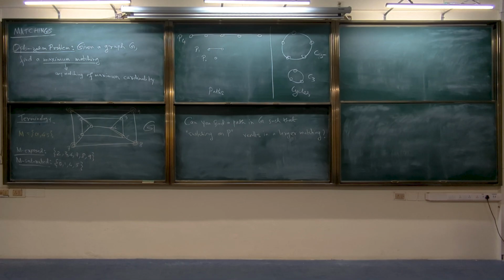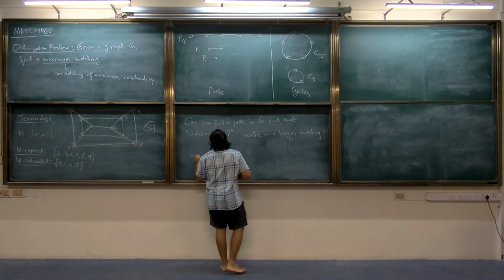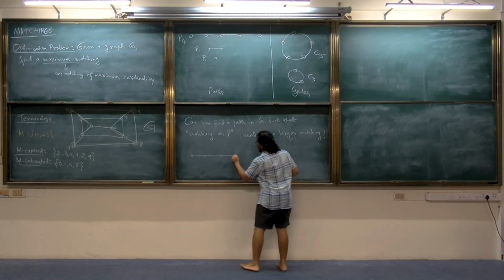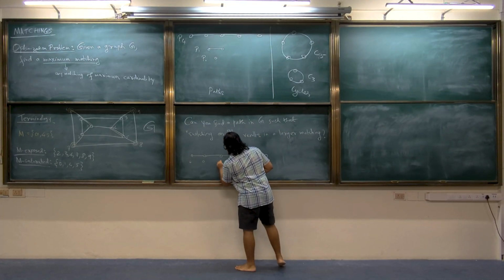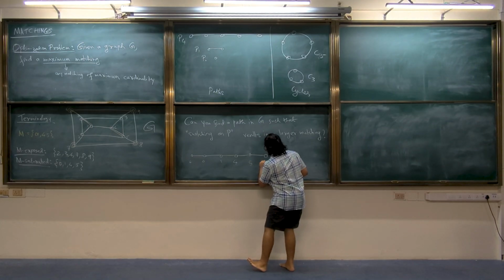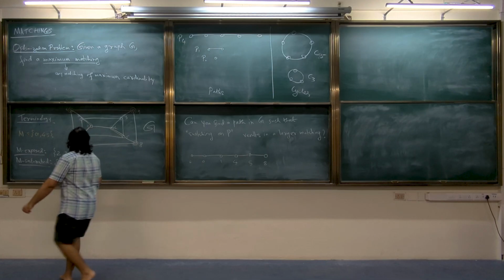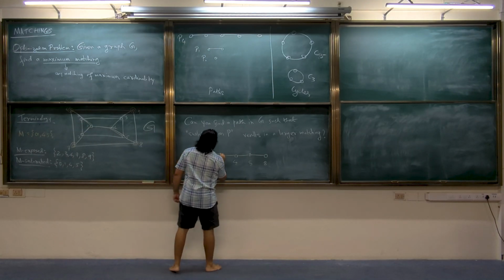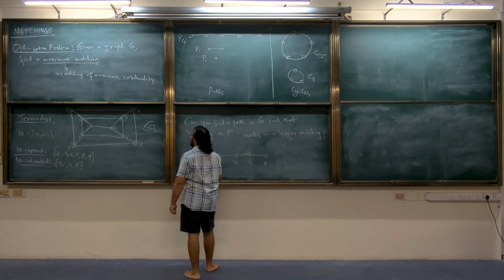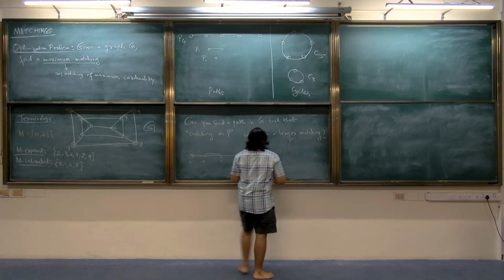Yes. 6, 0, 1, 4, 5, 8. Is that right? That's the path? Yes. Okay. Let's put the yellow annotations. 01 is in the matching, 45 is in the matching, 6 is exposed, and 8 is exposed.